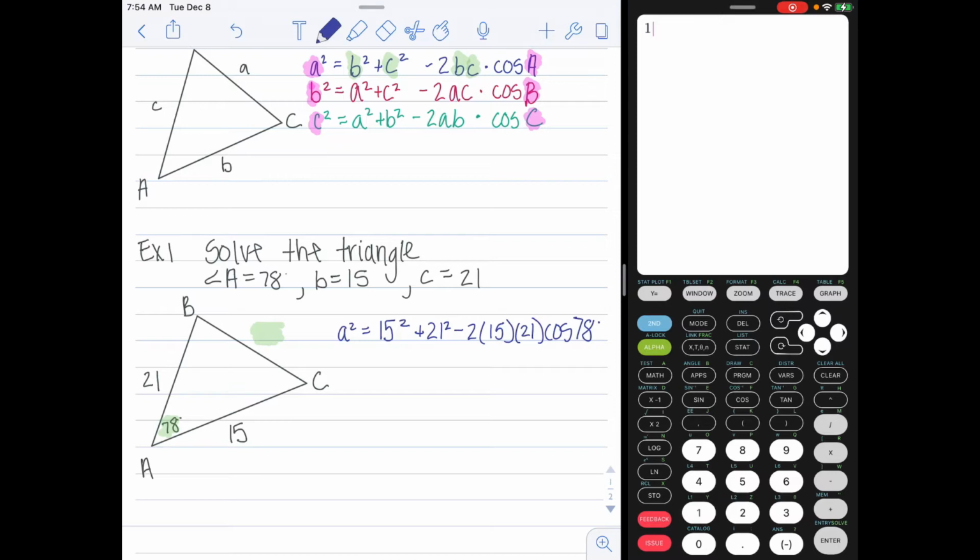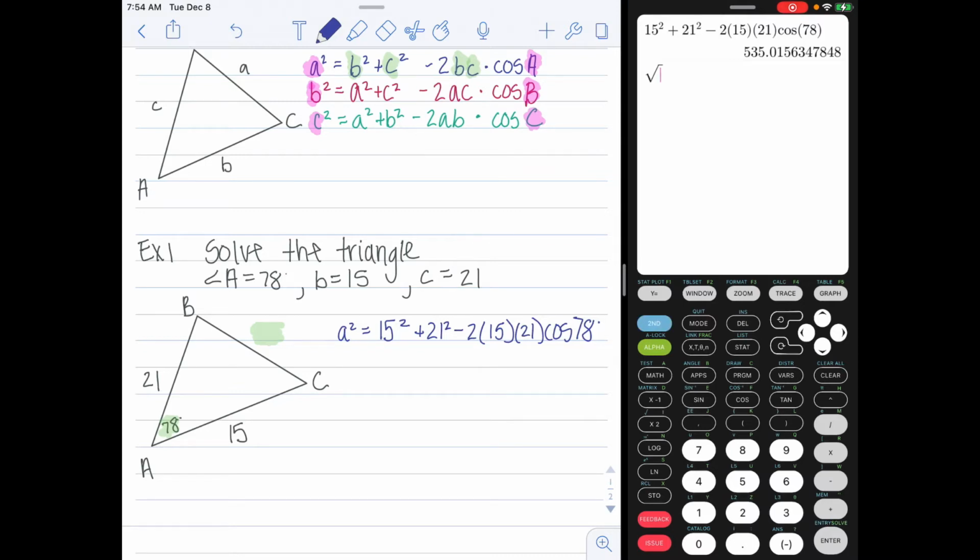Let's plug all this into our calculator all at once. So we are not going to be rounding until the end. So minus 2 times 15 times 21 times cosine of 78. Take the square root because that's A squared.